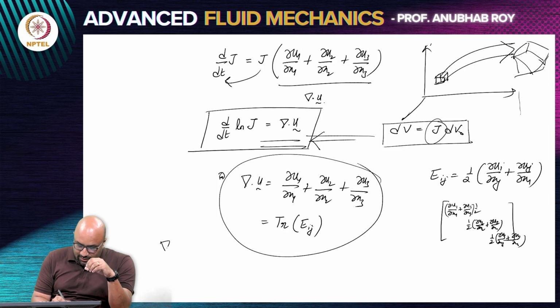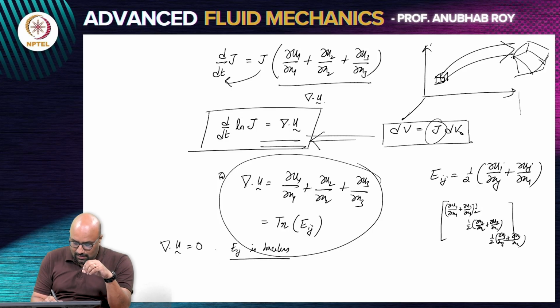So, when divergence of velocity is 0 or the rate of strain tensor is traceless, Eij is traceless, they are the same. You should not say "and" or "or", but the point is they are basically the same statement.